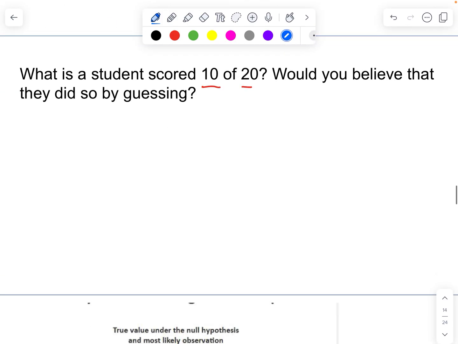There's about a 4.1% chance, right? Now, 4.1 obviously is less than that 5%, meaning it is statistically significant. And it is not due to chance.